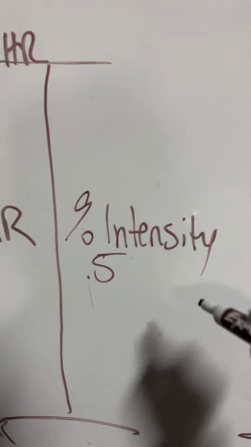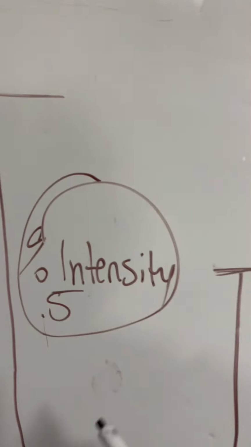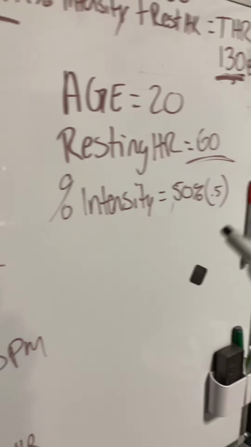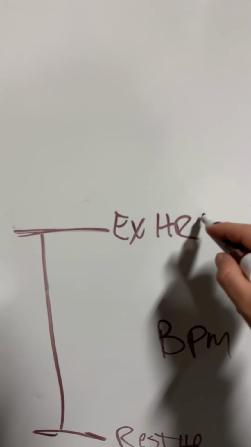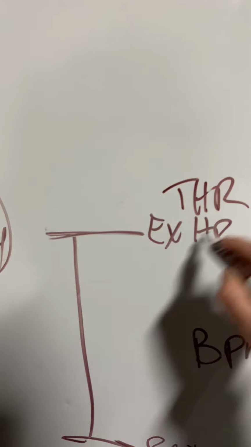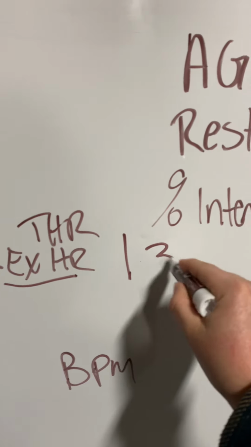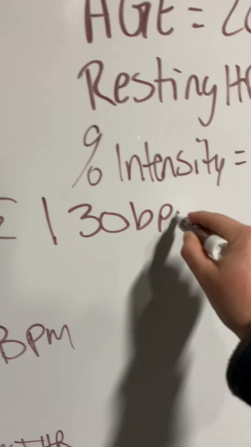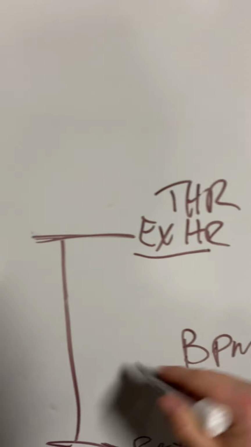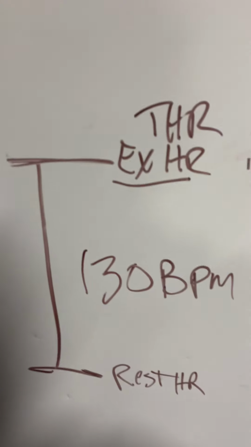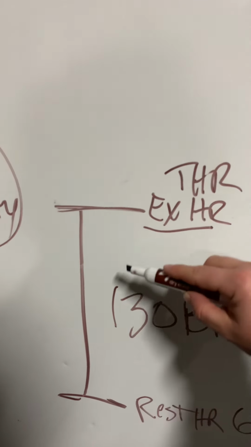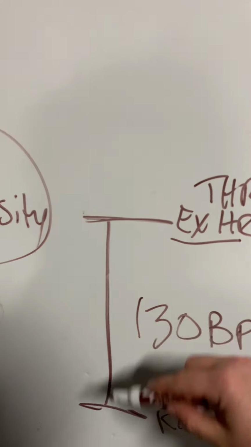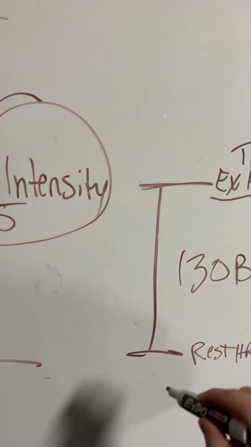So if you take intensity of 50 or 50%, 0.5, which we are given here, then we know that training heart rate or exercise heart rate is 130 beats per minute. Sorry, I have it down here, 130. So resting is 60, and you have 130 as your heart rate at that 50% line.